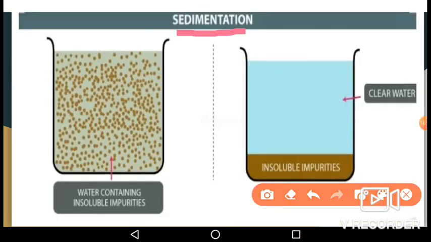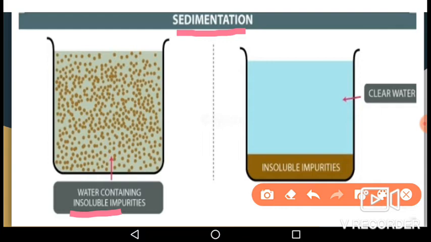Now this is another method for separation of substances. During sedimentation, the liquid is left undisturbed for some time. The heavy insoluble solids settle down at the bottom.